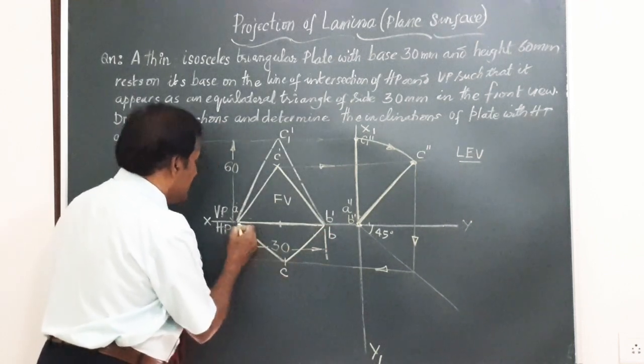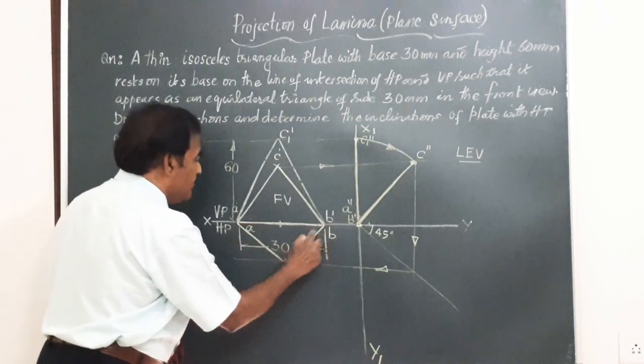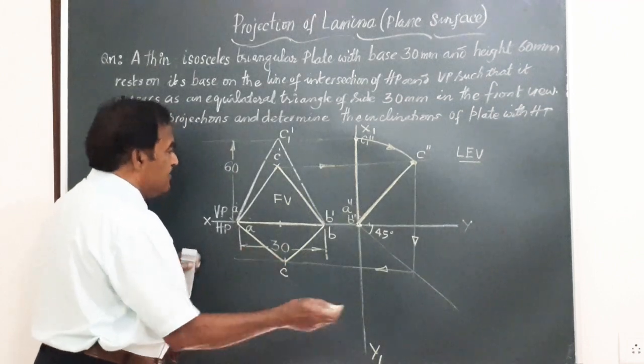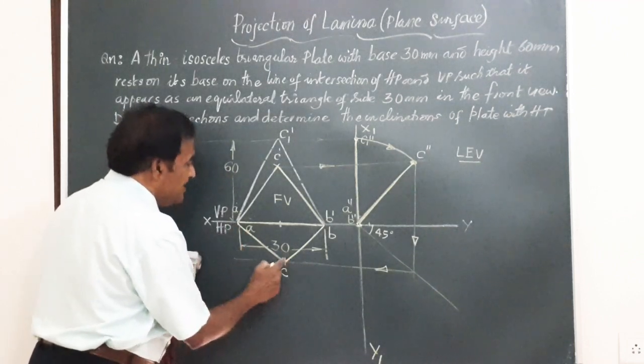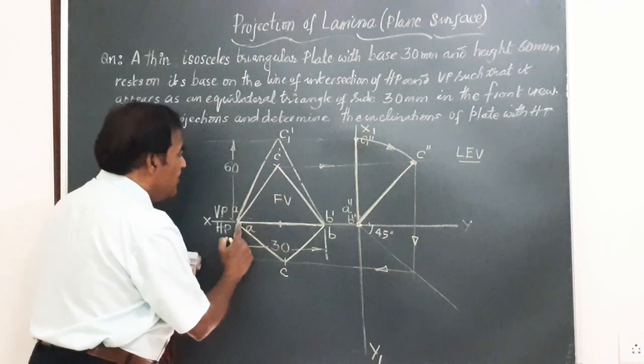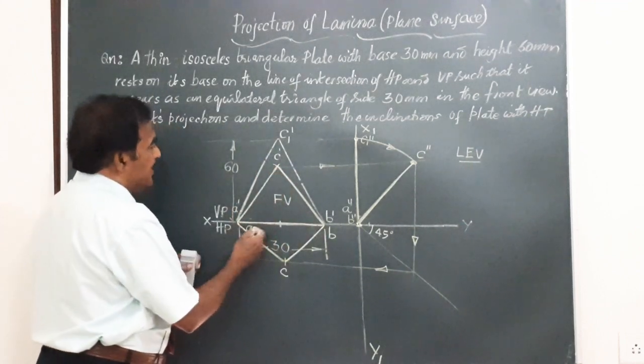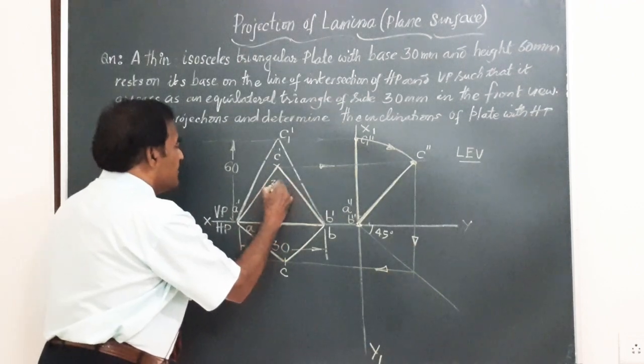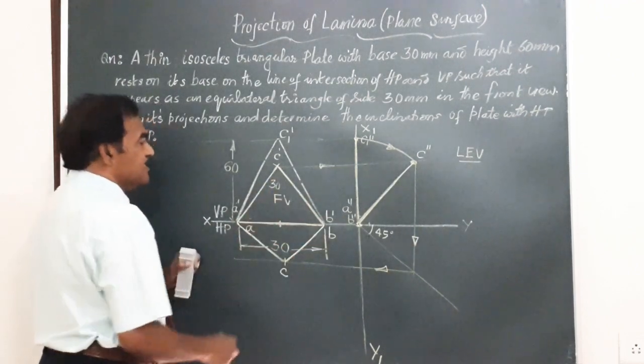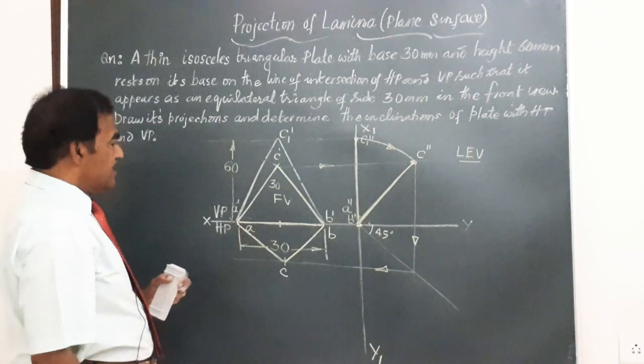So I have joined that. So this is a visible line, visible line, visible line, and in measurement this length AC is equal to this. In the front view, A dash B dash is equal to B dash C dash is equal to C dash A dash. Each will measure 30 mm. This is 30, this is 30, 30. It is an equilateral triangle.